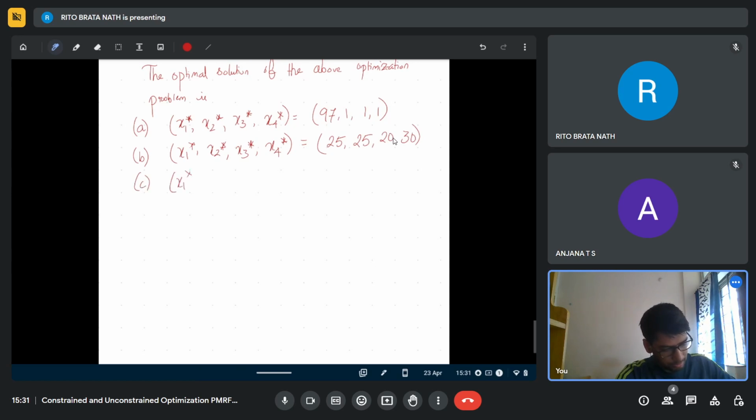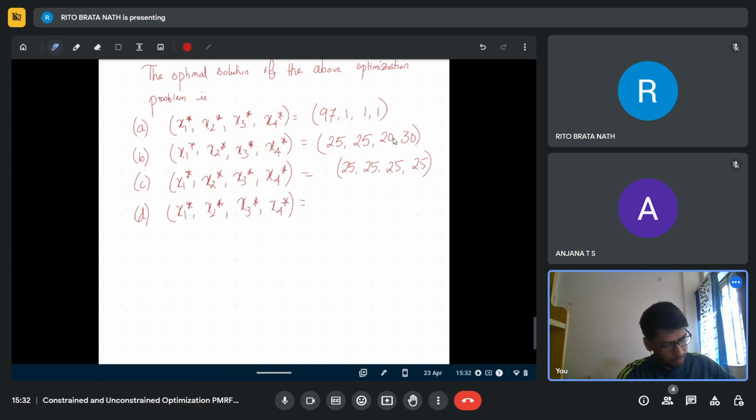Option C is all of these are 25, and option D is 5, 15, 35, and 45.